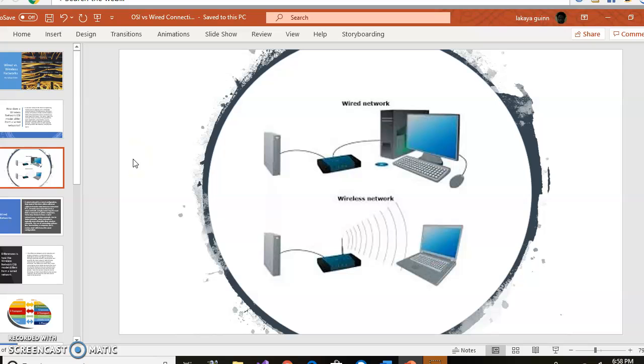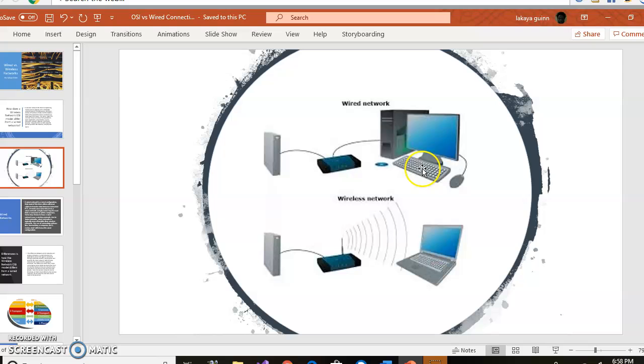When you're looking at a wireless network versus a wired network, you're looking at no wires or you're looking at wires. Wireless networks tend to run on devices like laptops and things like that.